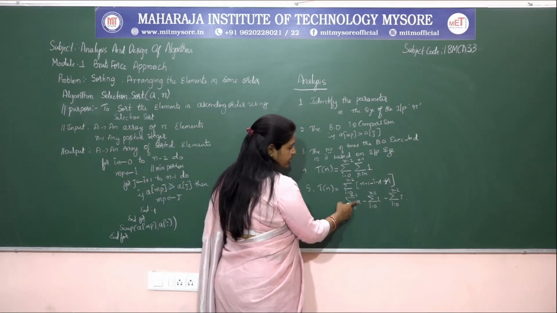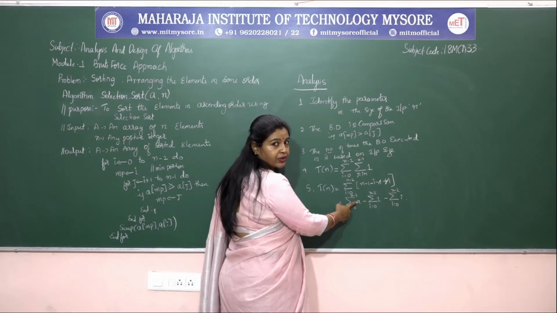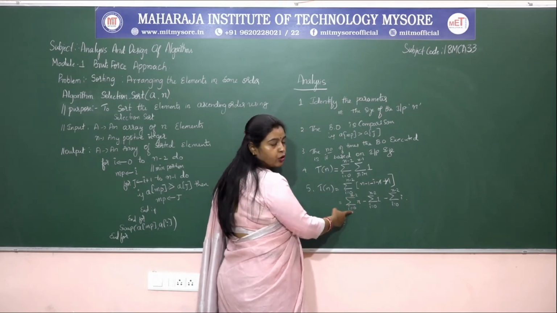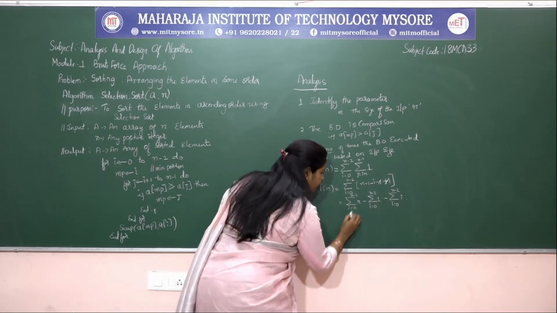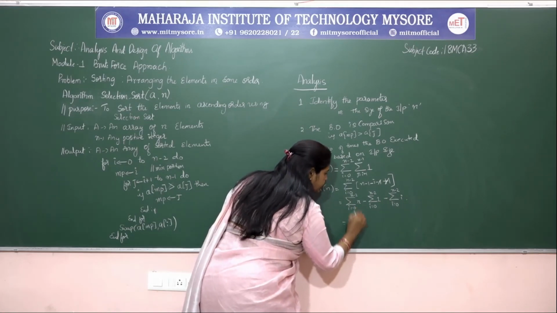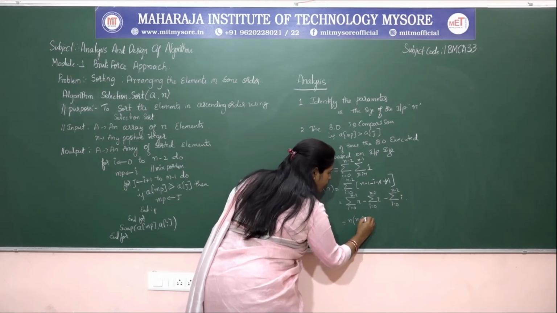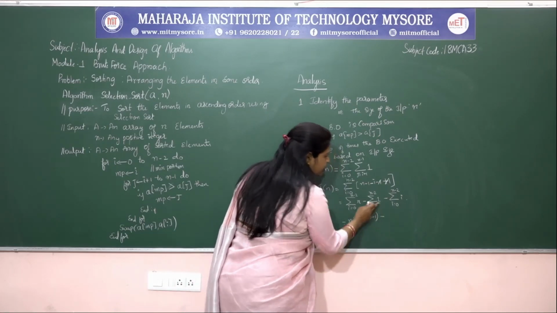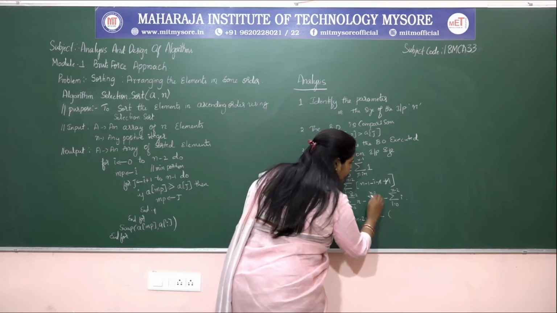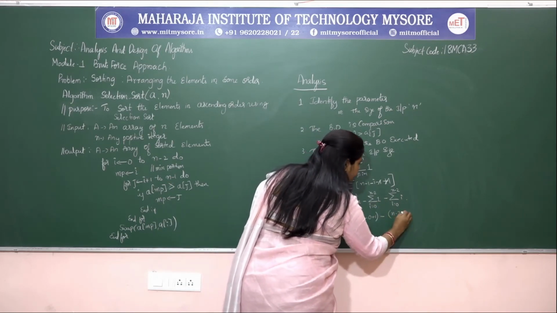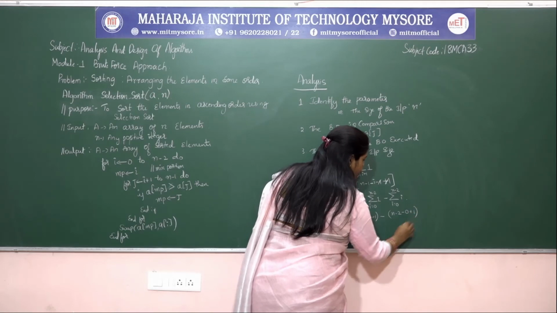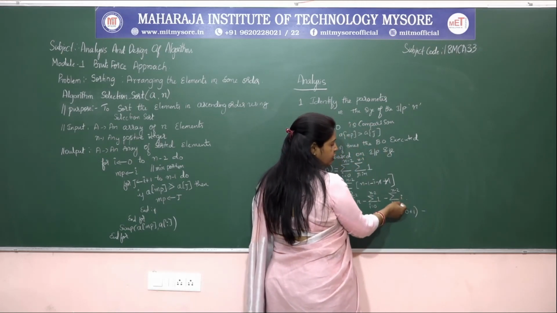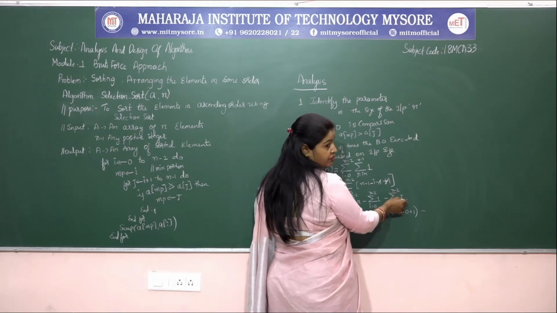If you consider this n, this is a constant term, right? If you have a constant, again the upper bound minus lower bound plus 1 formula we need to apply. Take n outside and then n minus 2 minus lower bound 0 plus 1, right? Minus, here also we have a constant, therefore upper bound minus lower bound plus 1, right? Next summation, here we have i, i is equal to 0 to n minus 2.